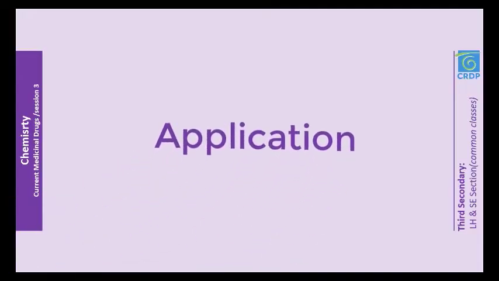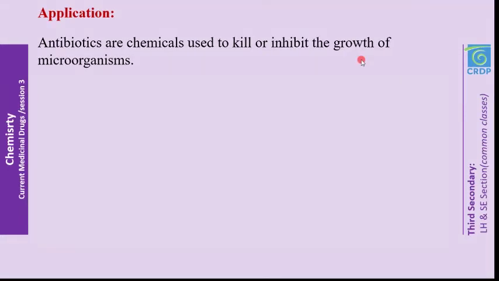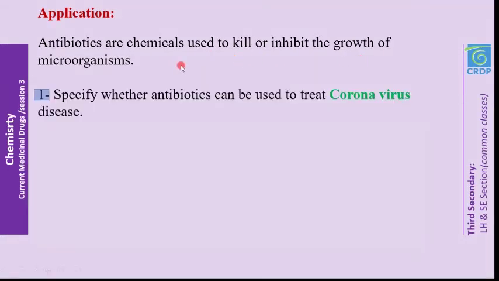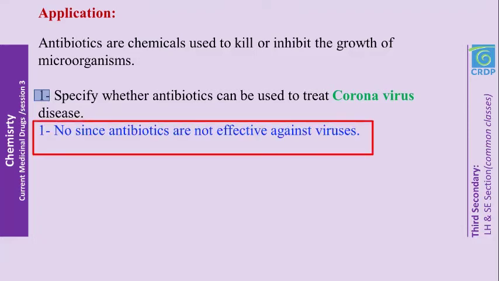Now let's test your knowledge. Antibiotics are chemicals used to kill or inhibit the growth of microorganisms. So my question is, number 1, specify whether antibiotics can be used to treat coronavirus disease. The answer is, of course not, since antibiotics are not effective against viruses.